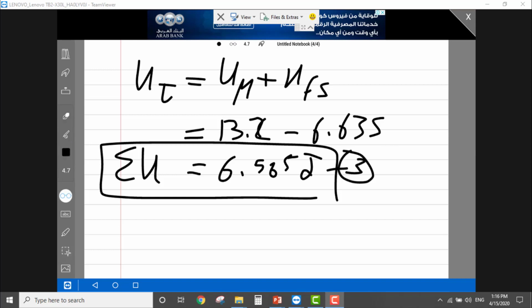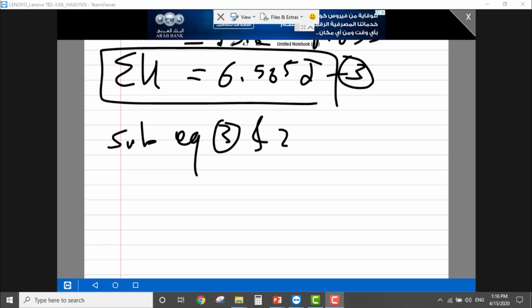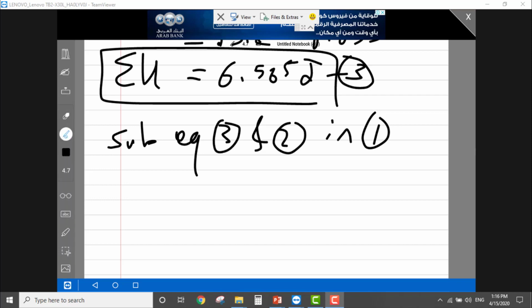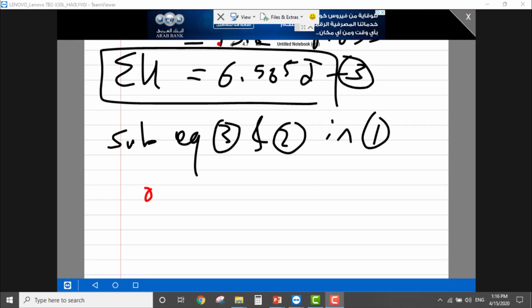Now we'll substitute equations 3 and 2 in 1. So what do we have? 0, this is kinetic energy 1, plus summation of work equal to 6.565, and kinetic energy 2 was equal to 0.9 omega squared.